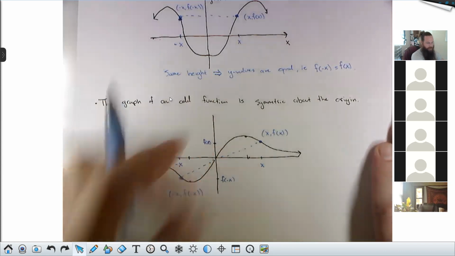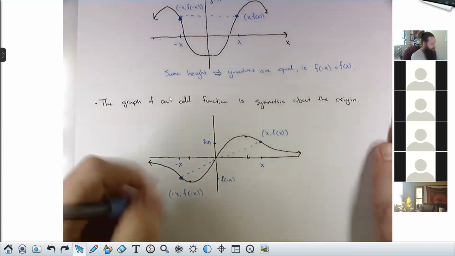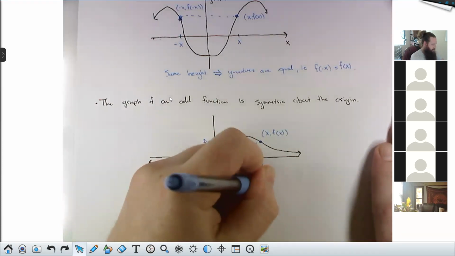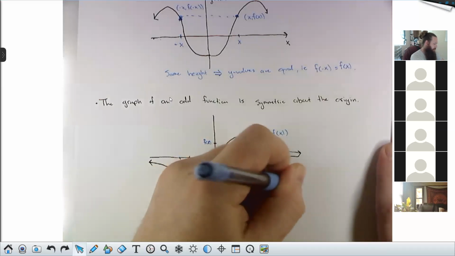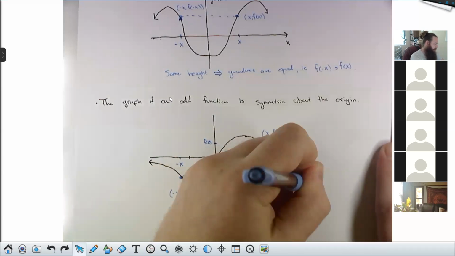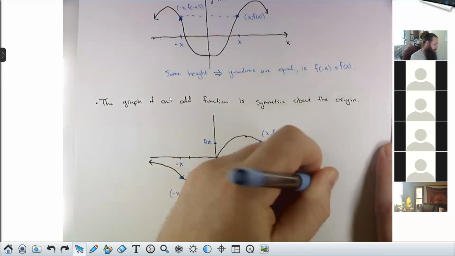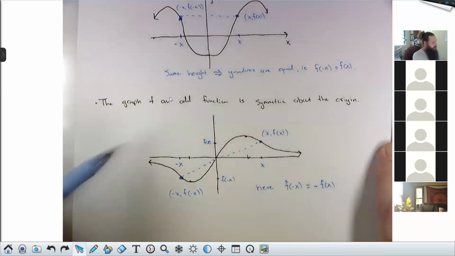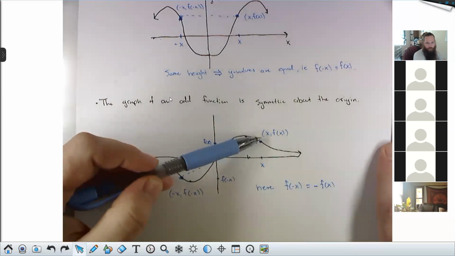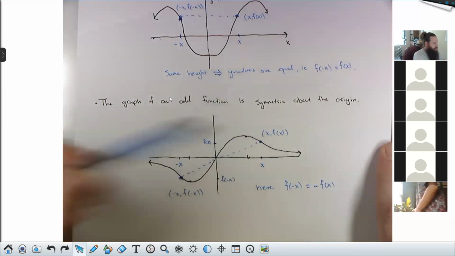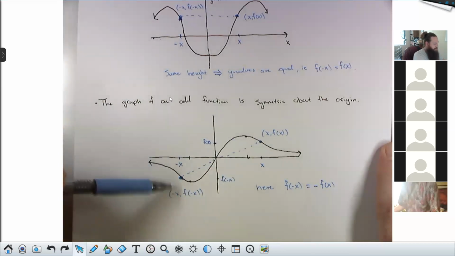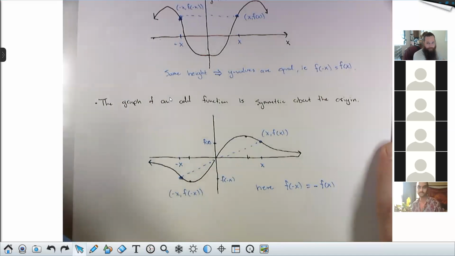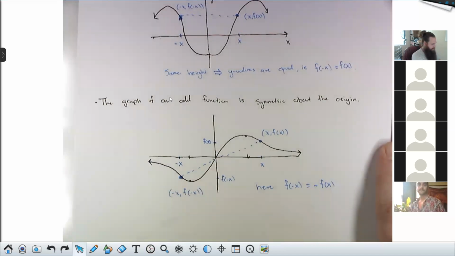But they're in opposite directions. So here, f of negative x is not exactly the same as f of x, it's the negative of f of x. So if this point right here is like 3 comma 2, then this point over here would be like negative 3 comma negative 2. That's origin symmetry.